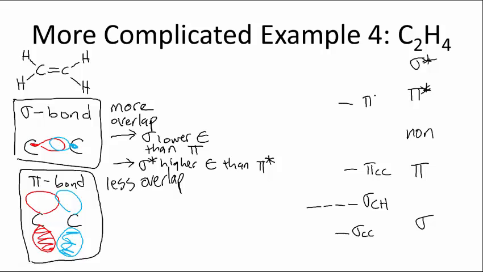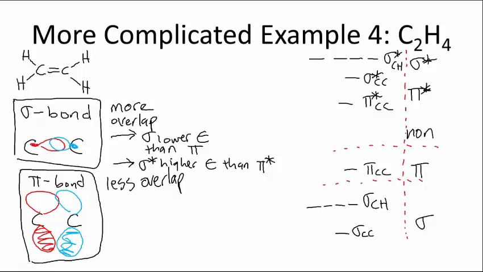We're going to have 1 pi star CC, 1 sigma star CC, and 4 sigma star CHs. So in general, those are going to be the divisions in any MO diagram we draw. Sigma, pi, non-bonding, pi star, sigma star.